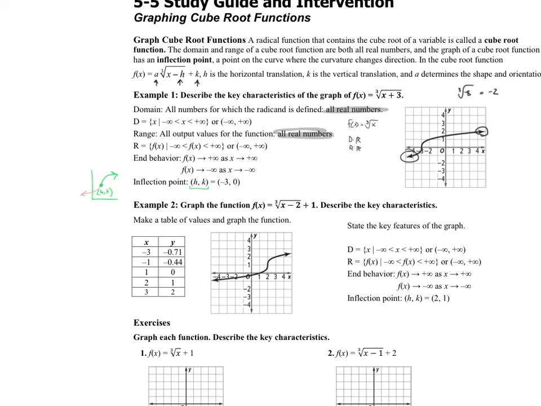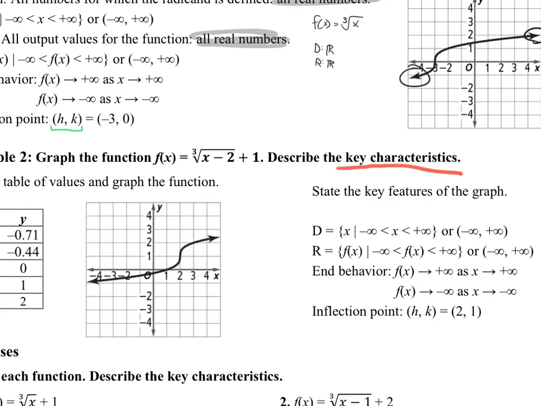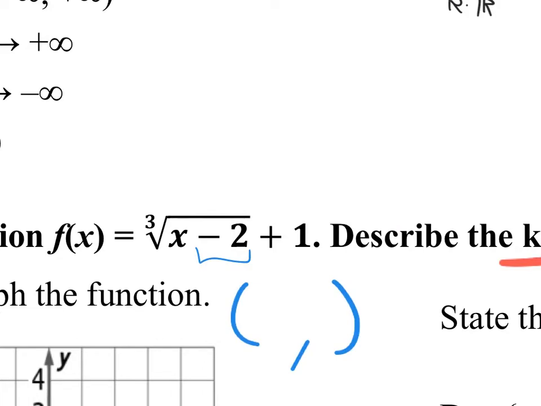And they'll ask you this by saying, describe the key characteristics. We've already spent a lot of time with ending behavior, so we're not worried about the ending behavior on these, nor the domain and range, because they're both all real numbers. So the only thing that we'll have to check out is the inflection point. And all that is your h comma k value. Remember that h's are always opposite of what you'd expect.